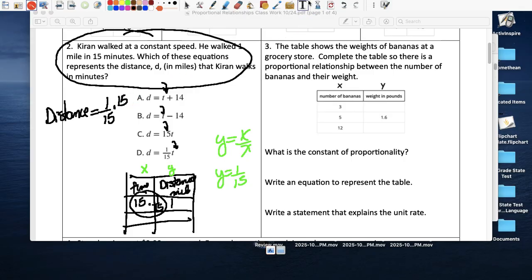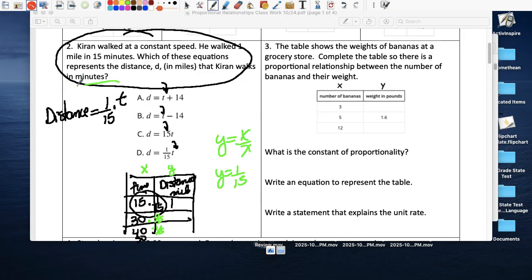But the number of minutes that I walk is going to be represented by the letter t, because let's say you walk 30 minutes, 40 minutes, 50 minutes. What are we going to do with all of these x values? Times 1 over 15, times 1 over 15, and so forth. So we're multiplying everything times 1 over 15.